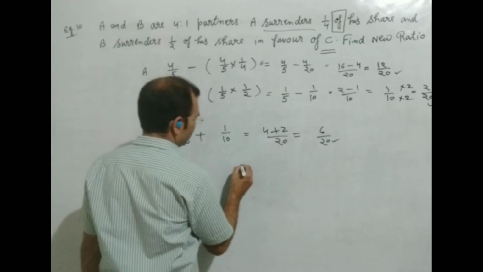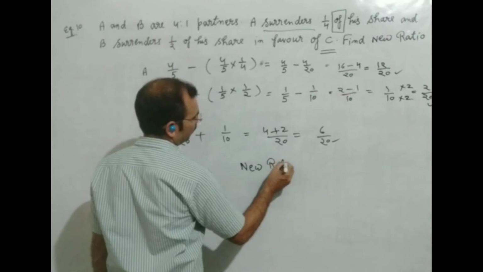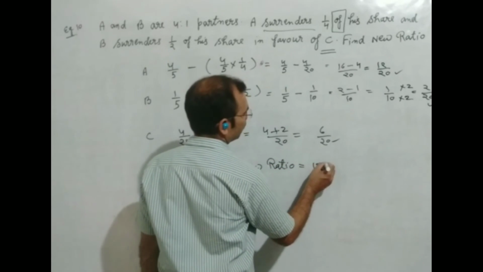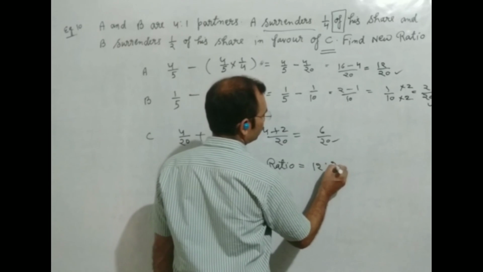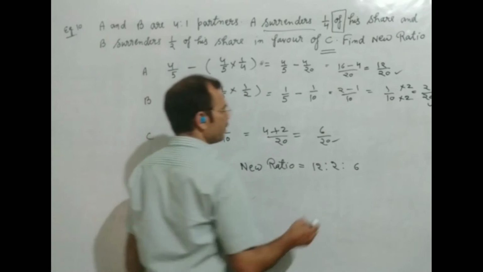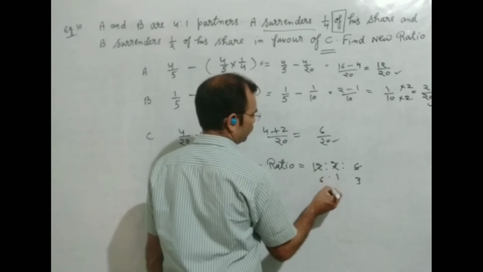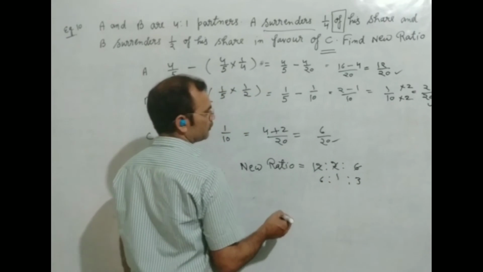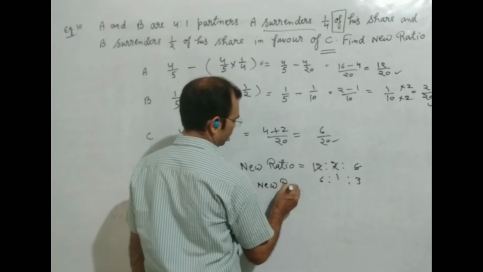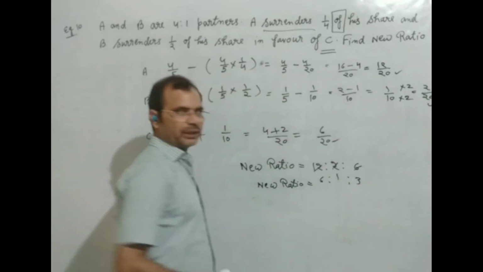Now we will write the new ratio. The new ratio will be 12:2:6. Cut it short. 2 1s are 2, 2 3s are 6, 2 6s are 12. So the new ratio will be 6:1:3.